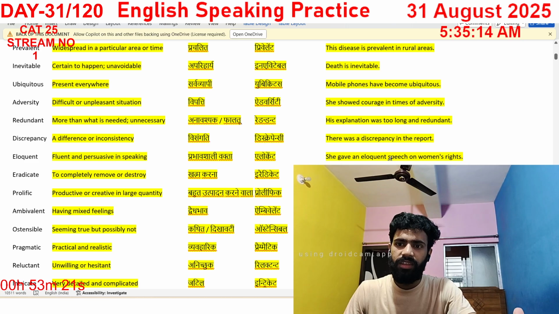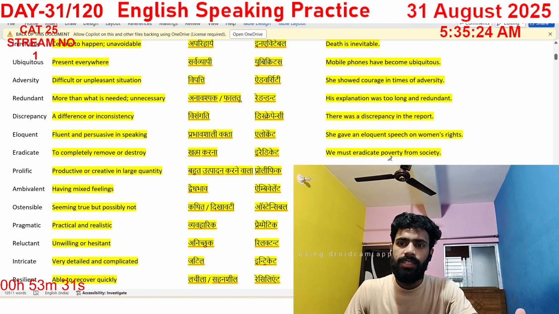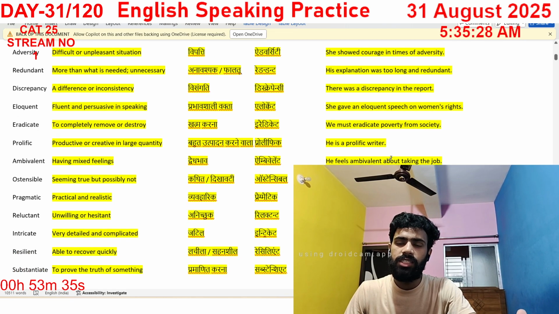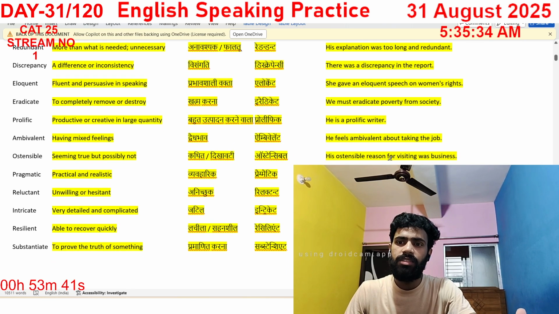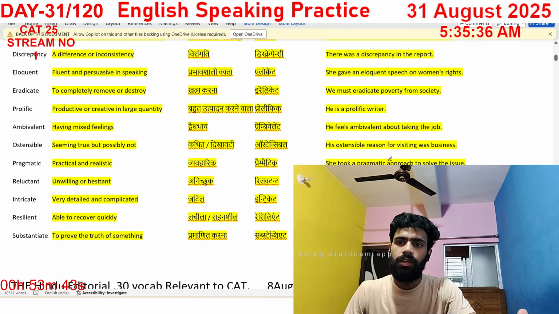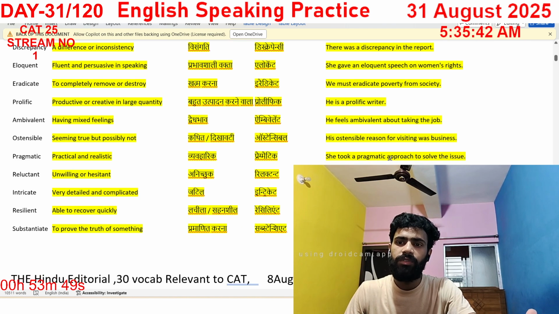Redundant means more than what we needed, unnecessary. Discrepancy means inconsistency or not clear. Eloquent, fluent in speaking and persuasive. Eradicate means to completely destroy. Prolific means highly productive and creative in large quantity.